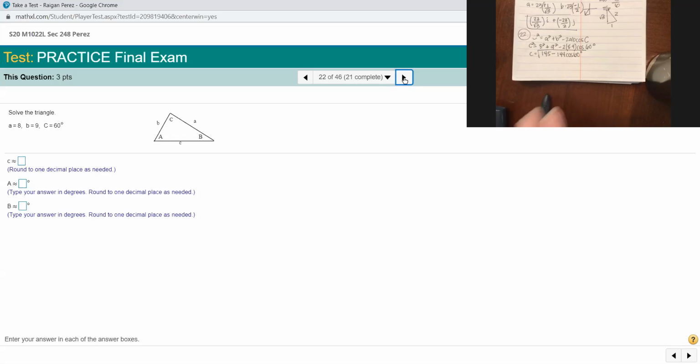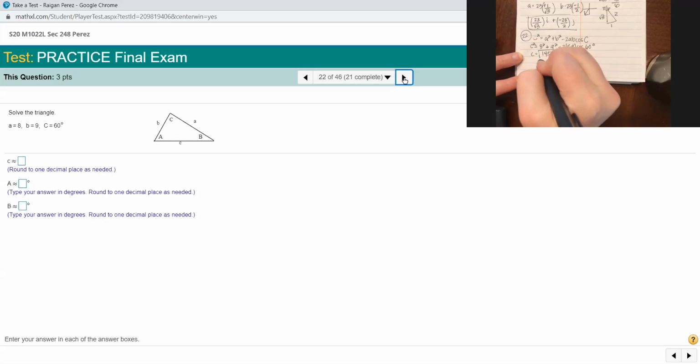So I'm just double checking. 144 times cosine of 60 is 72, and 145 minus that is 73, yep. Square root of 73.